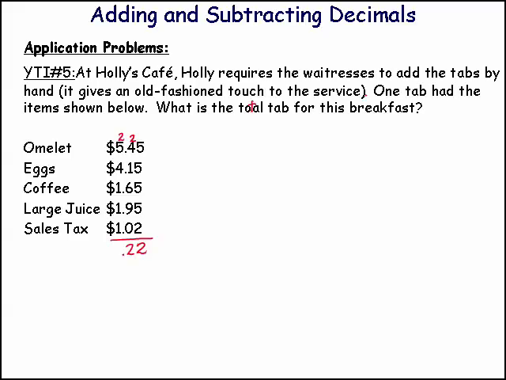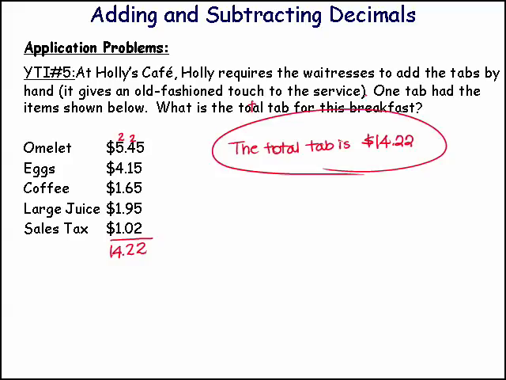Then we have 7 there, 7 plus 4, 11, 13, 14. $14.22. So if we're in a word problem, you have to remember to write that the total tab is $14.22.